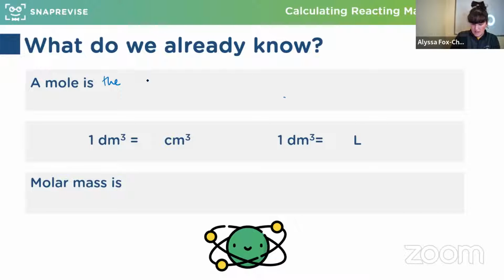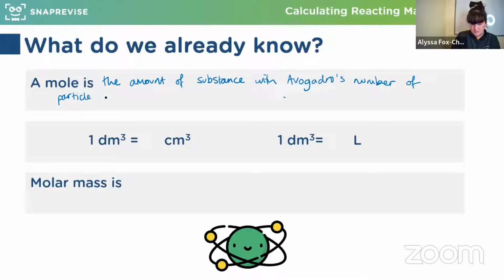A mole is the amount of substance with Avogadro's number of particles. I should probably give him a capital, shouldn't I? What is Avogadro's number? Avogadro's number is a specific number.